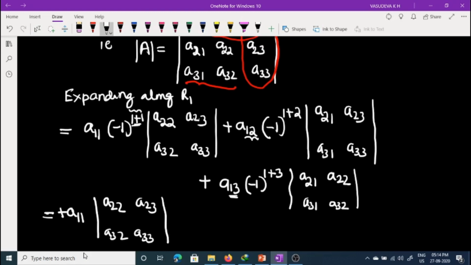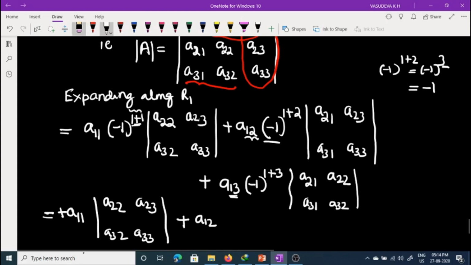Now plus A12, and what we are having is minus 1 to the power of 1 plus 2. So minus 1 to the power of 1 plus 2 is equal to minus 1 to the power of 3. So minus 1 to the power of 3 will become minus 1. This is because 3 is an odd number.